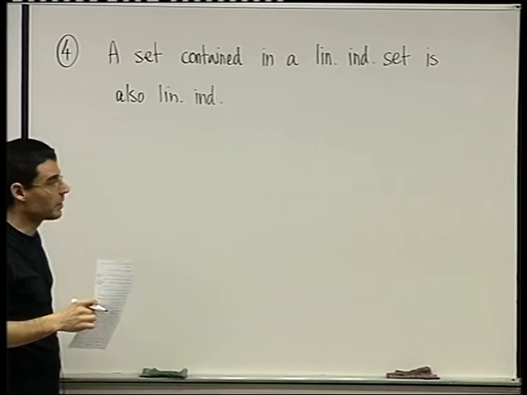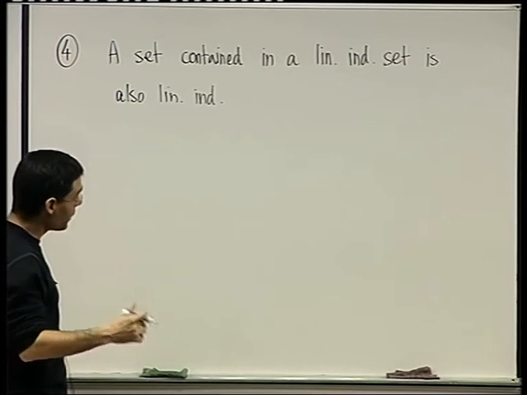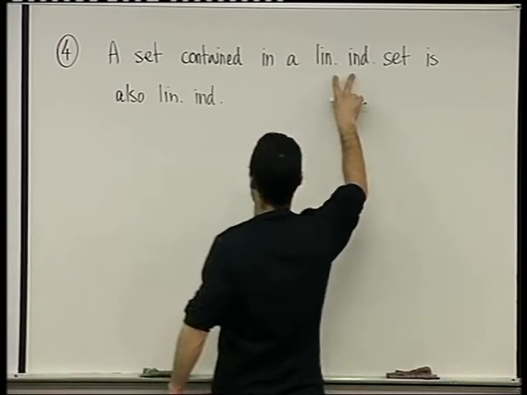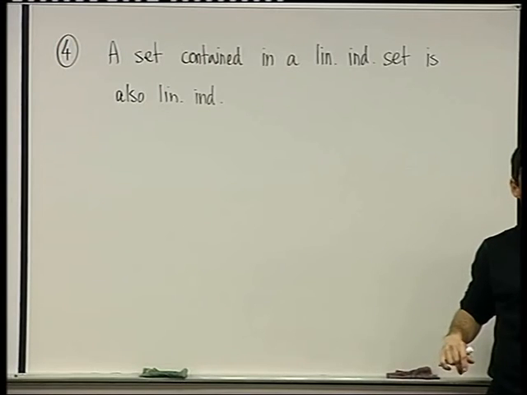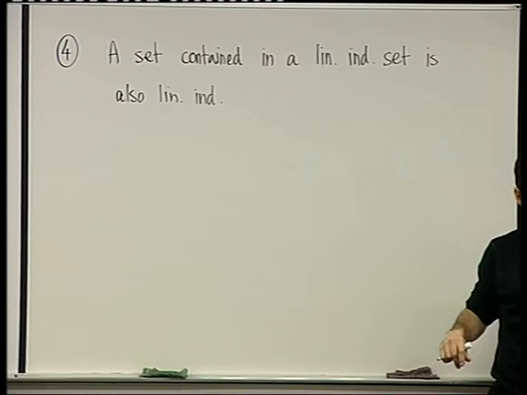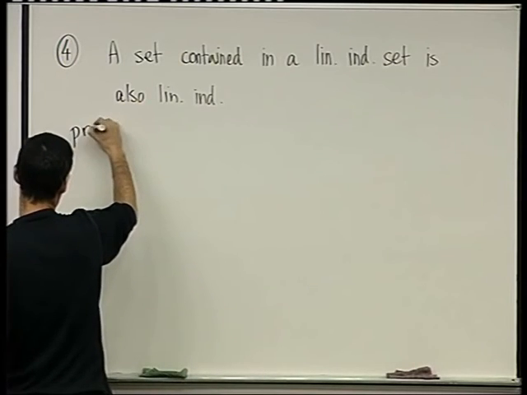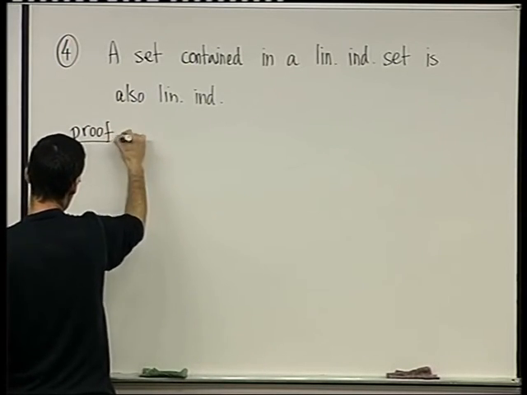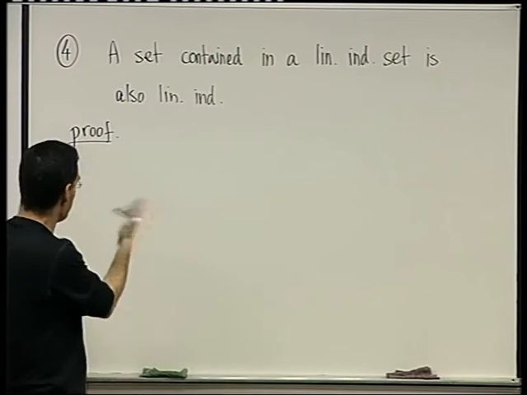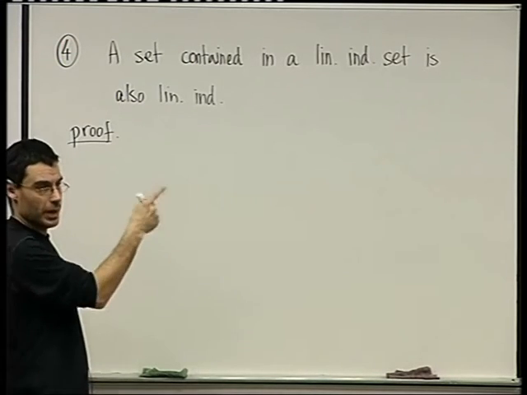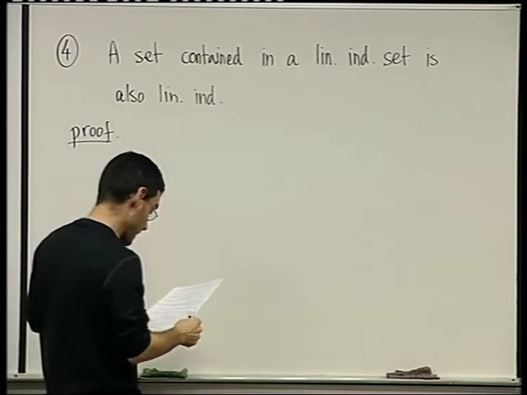So this is in a sense a complement to theorem number 3. If you start with a linearly independent set and you take a subset of that, of course they're going to be linearly independent. And let's write the proof, but it's really looking at 3. The proof is going to be plain logical arguments on 3.